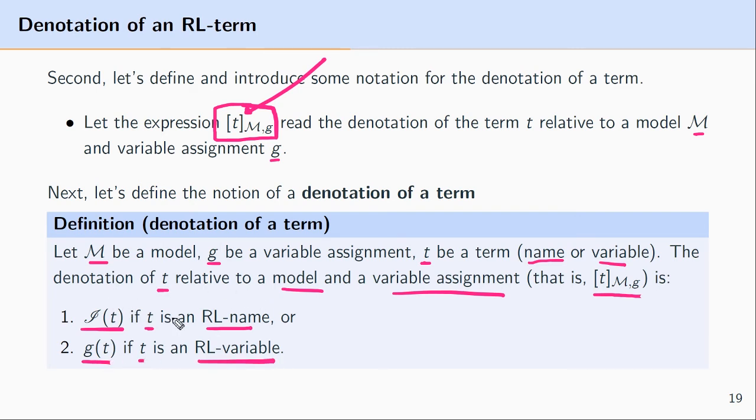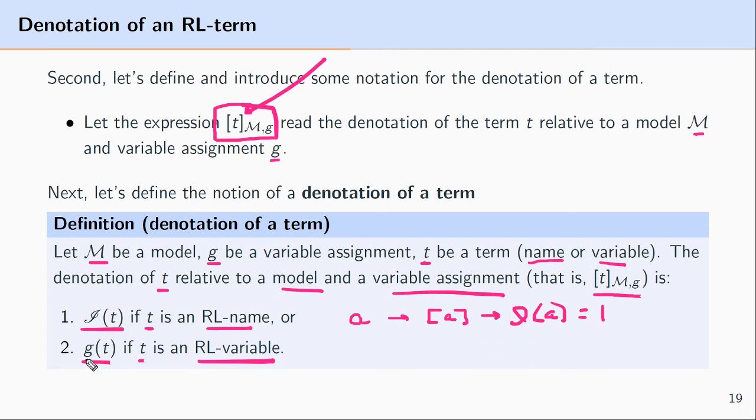So in other words, if T is a name, let's say the name is A, then the denotation of T, that is the denotation of A, is simply the interpretation of A. And the interpretation of A is always some object in the domain. And let's say A refers to the number 1.